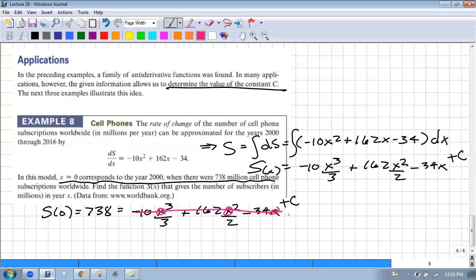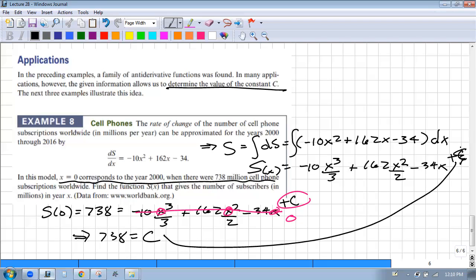So all of that goes away, and we just have c. So what they're saying here is 738 is what our constant is. Does that make sense? So now that we know what the constant is, you just replace that. That's 738. Now you know what the actual antiderivative is instead of the whole class of them.